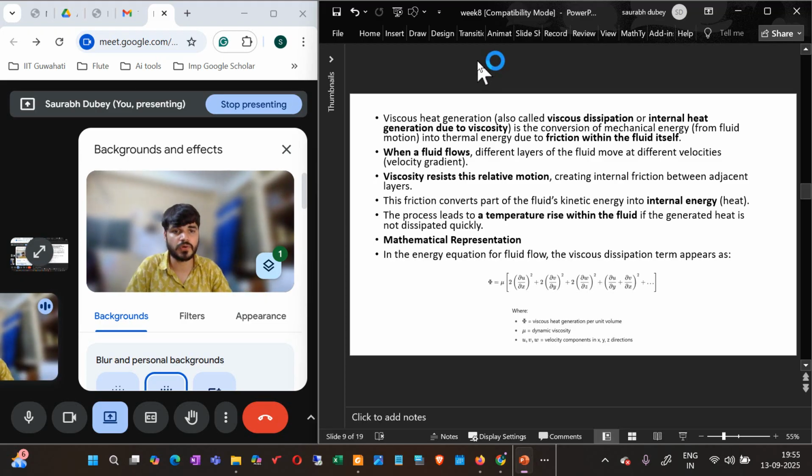Okay, so this mechanical energy from the fluid motion into thermal energy due to the friction within the fluid itself. So because of the friction between the fluid layers, these layers will be leading to viscous dissipation, right? And then internal heat will be generated, which will lead to the temperature change.